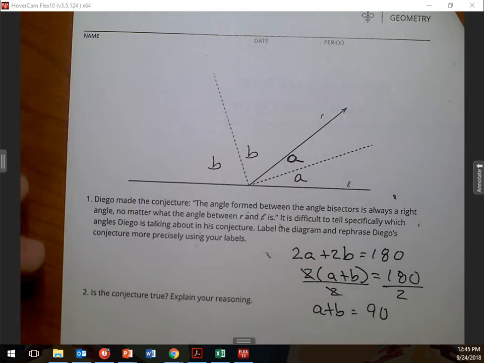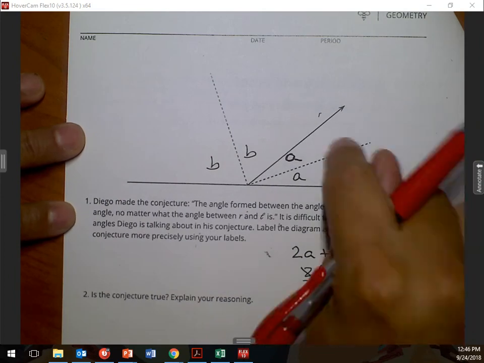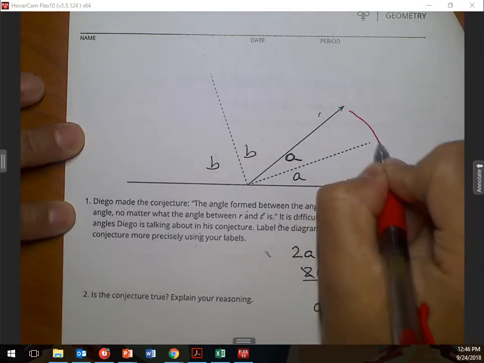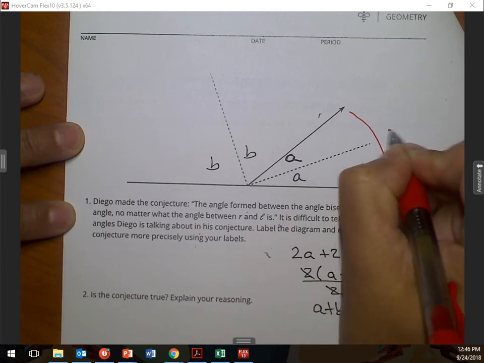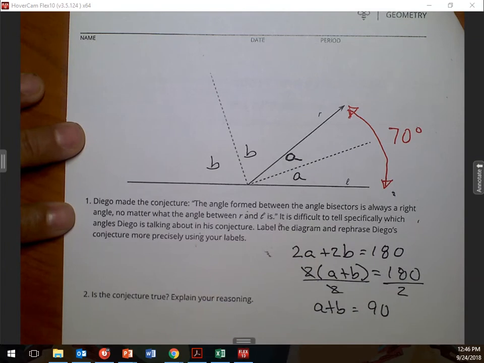Yeah. Now, I'm going to throw in some numbers. All right, you ready, new guy? He said from here all the way to here is 70 degrees. We're just making it up as we go.